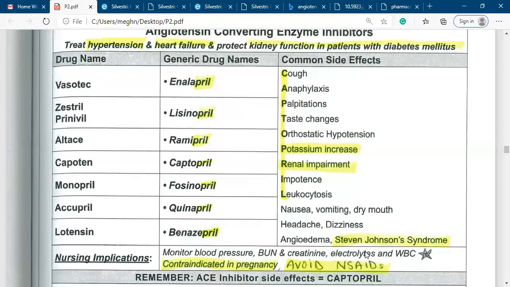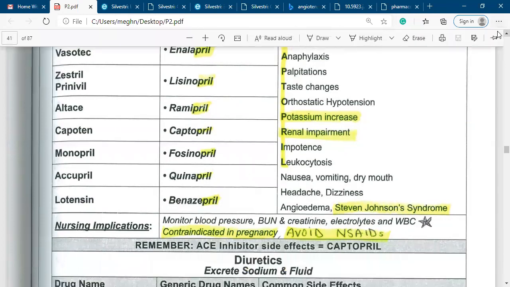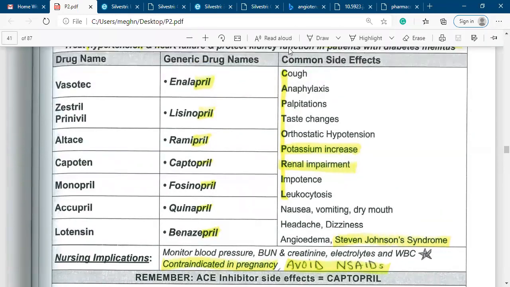If you do not know how to control them and make a balance, they cause a big problem. So we have to check the electrolyte level. Also, the WBC count, white blood cell, we should check. As I told you, enalapril, lisinopril, ramipril, captopril, benazepril are contraindicated in pregnancy. Okay, so now, as I told you, we have to go to side effects.